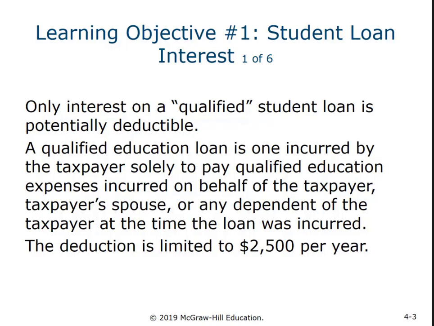It doesn't necessarily have to be a student loan. It just has to be used solely to pay qualified education expenses. If it's not a typical federal loan scenario, then you had better keep some documentation of what you spent the money for, to make sure that it isn't going to get scrutinized and disallowed.